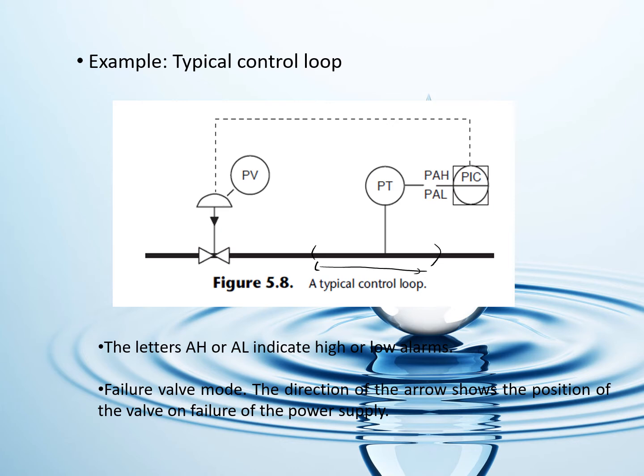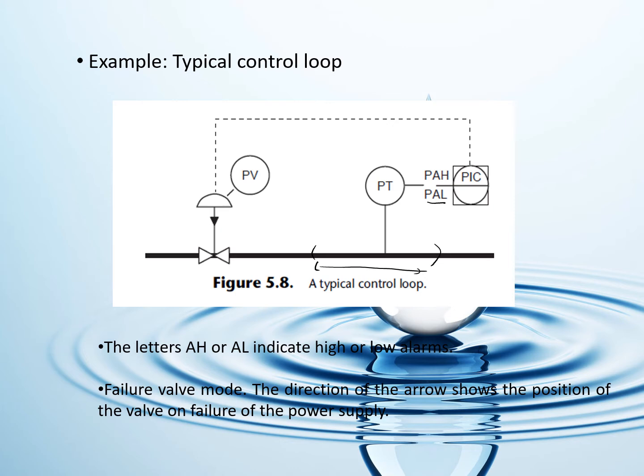Basically, after the transmitter we have an alarm. This is the pressure alarm high, pressure alarm low. This alarm alerts the operator if the pressure increases or decreases too much.